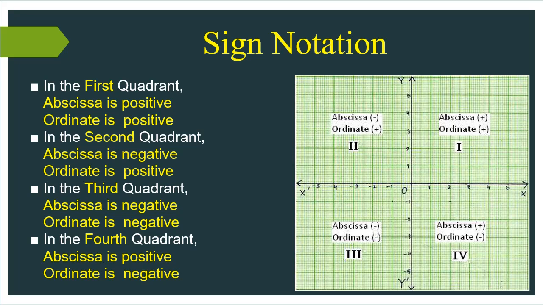In the first quadrant, both abscissa and ordinate are positive. In the second quadrant, abscissa is negative, whereas ordinate is positive. In the third quadrant, abscissa is negative, as well as ordinate is also negative. In the fourth quadrant, abscissa is positive and ordinate is negative.